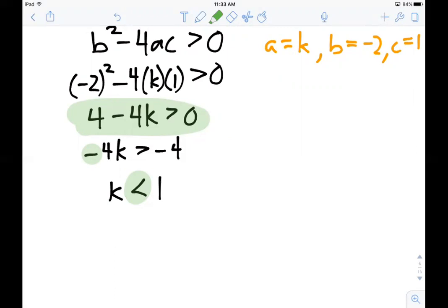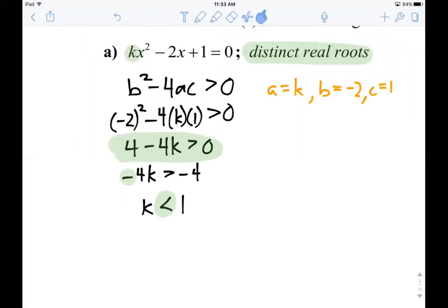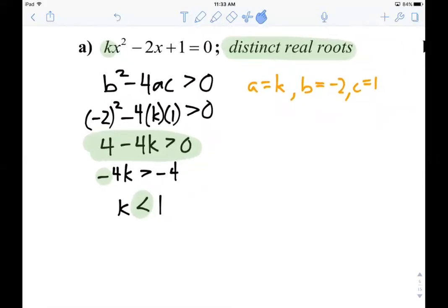So, in other words, we've determined that as long as we always choose a k value that's less than 1, really anything all the way up to 1, but still less than 1, we will always produce an overall quadratic equation here that will have two distinct real roots.